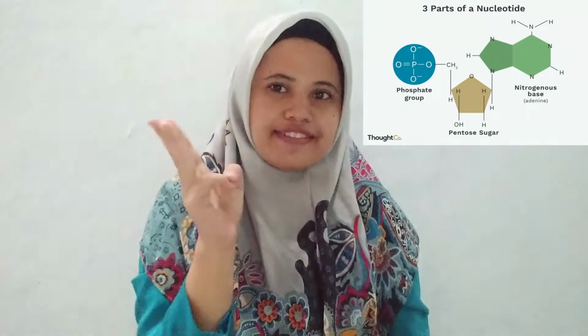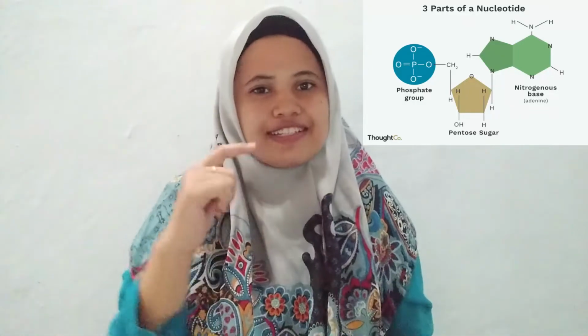Each nucleotide consists of three components. The first is a nitrogen base, like cytosine, adenine, thymine, and guanine. The second is a 5-carbon sugar molecule, or deoxyribose in the case of DNA.